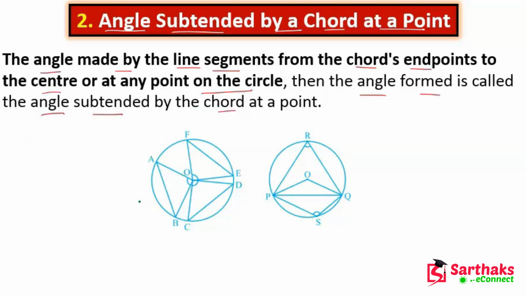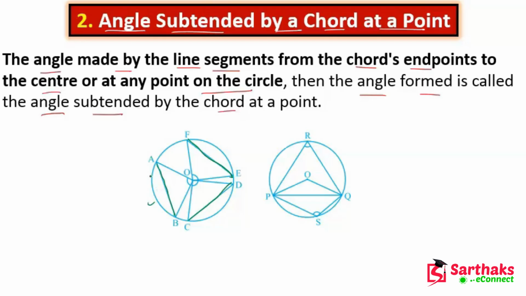Now let's suppose we have a circle like this. Here you can see AB is a chord, CD is a chord, and FE is a chord. These line segments are the chords.